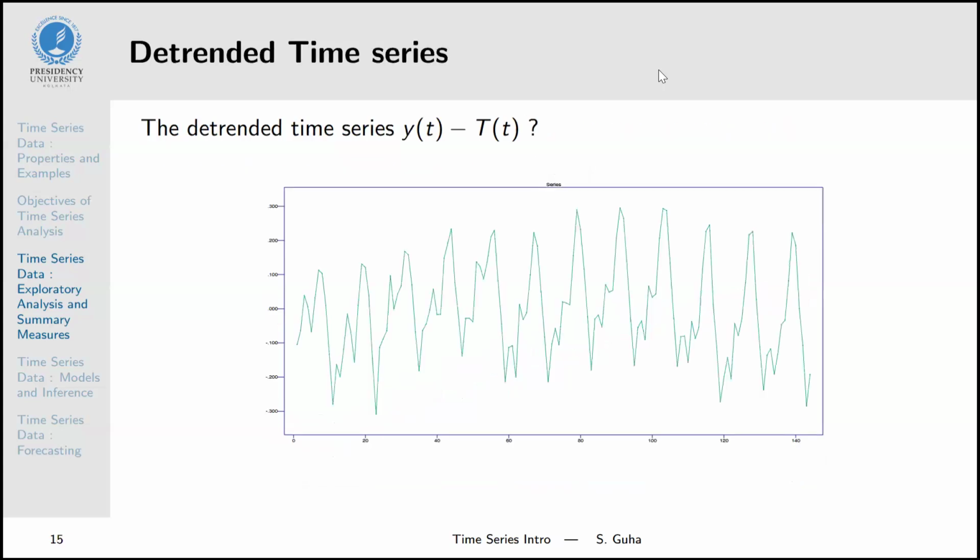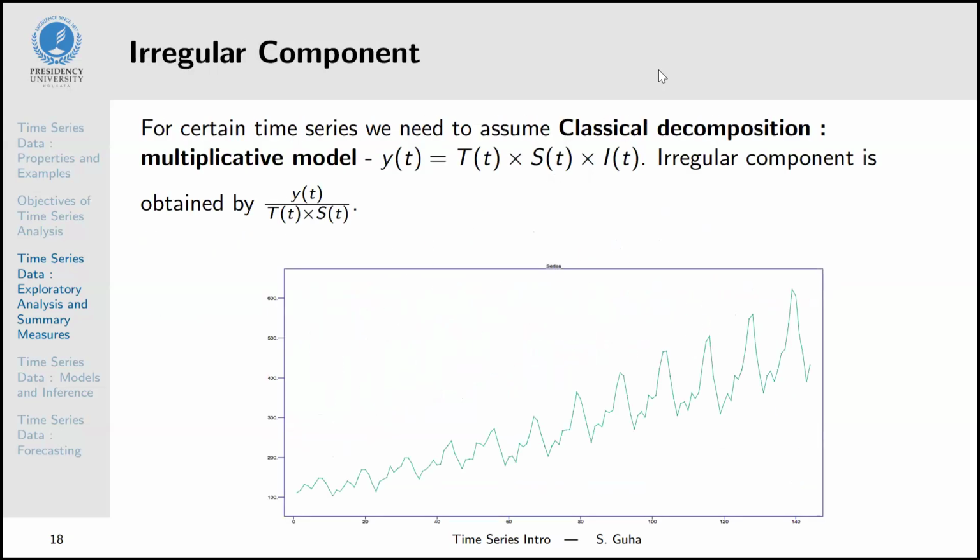In this other case, if you observe clearly, as the time is increasing, as the trend is increasing, the amplitude of the oscillation is also increasing. Why is this happening? That means the trend and seasonal part are multiplied with each other.